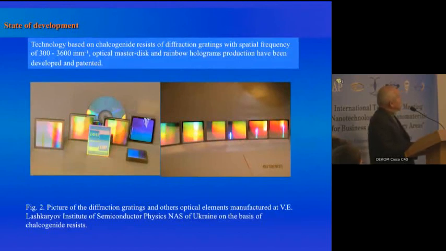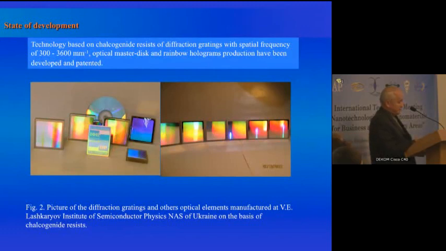The technology of production of diffraction gratings based on chalcogenide photoresistors, 3600 lines per millimeter, to produce optic discs and so on. It's already protected by patent, and small-scale production is planned by corporation Arsenal, which is planning to produce spectral devices using these elements.